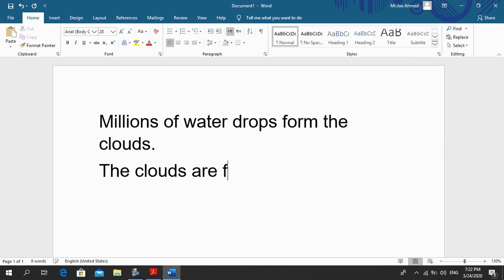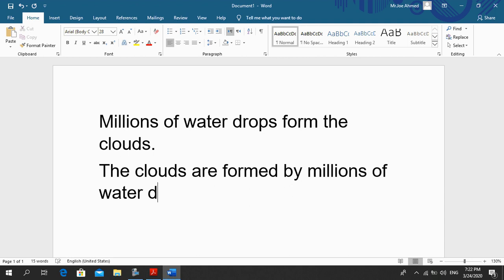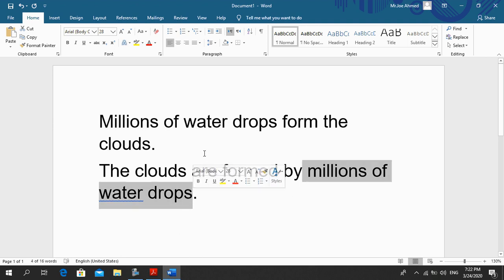Clouds are formed by millions of water drops. What is the difference? If you noticed, millions of water drops here was the subject. But in the second sentence, it's not the subject, it's the last word.